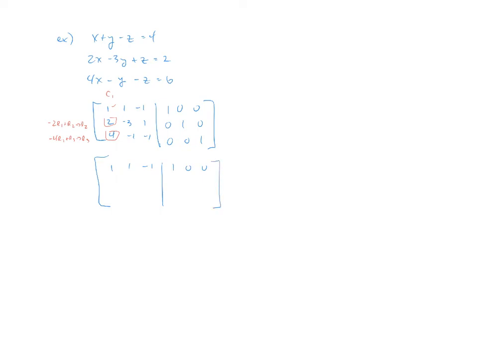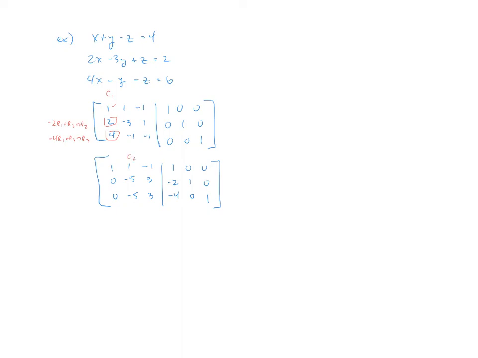And then in row 2, we're going to have a 0. We're going to have a -5. We're going to have a 3, a -2, a 1, and a 0. In row 3, we're going to have a 0. We're going to have a -5. We're going to have a 3. -4, 0, and 1. So column 1 is complete.